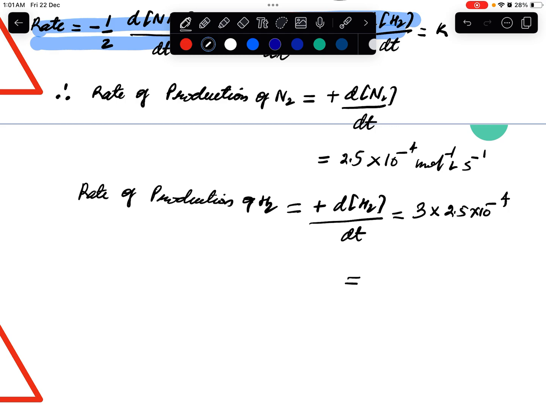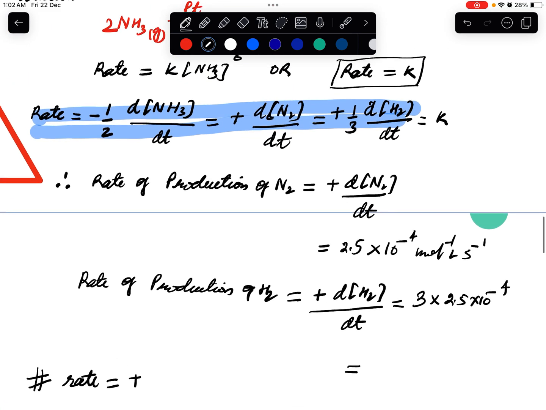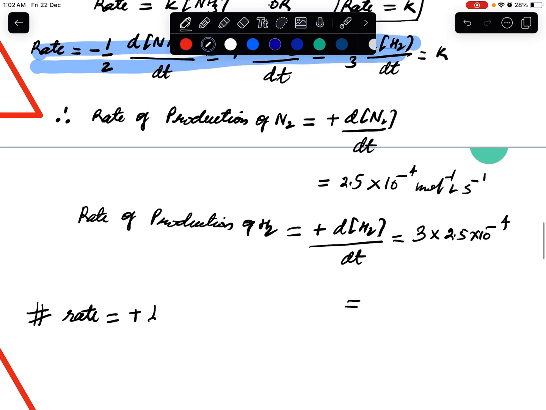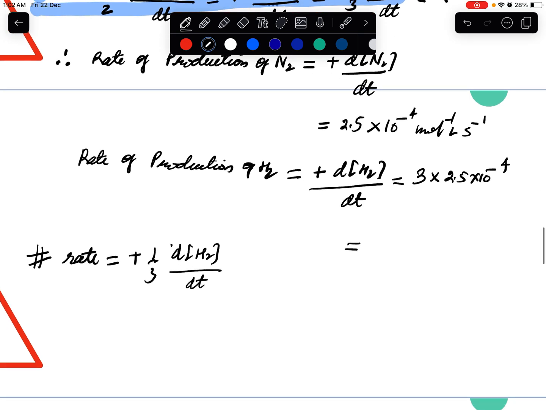Now the question arises, why are we multiplying 2.5 by 3? You can understand here separately that the rate is written as 1/3 d[H2]/dt, in terms of hydrogen.